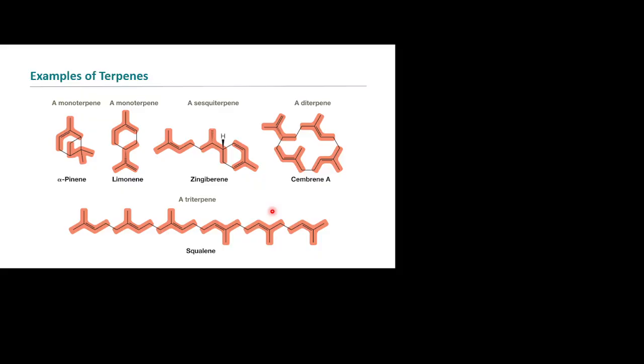Yeah. So this right here is actually a terpene. This is a monoterpene in this case, and this is alpha-pinene. This is limonene right here. You may notice and recognize some of these. Anybody know what limonene is? Yeah, it's the smell of lemons, and a lot of what you experience from lemons and citrus fruits is limonene.